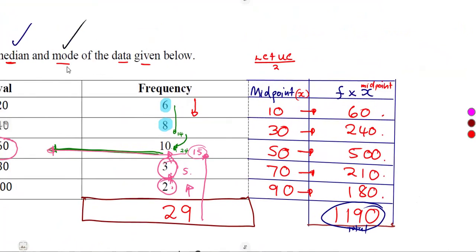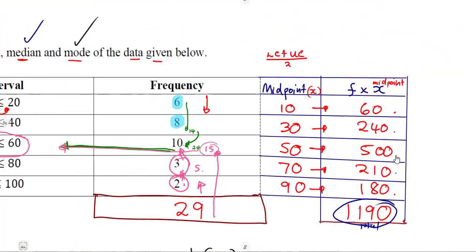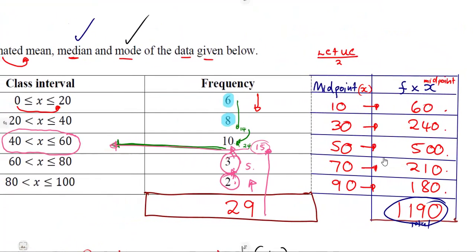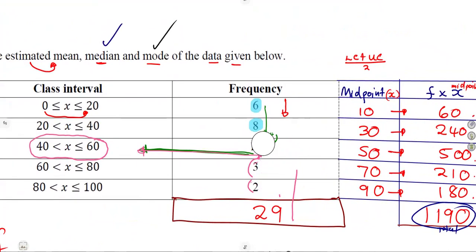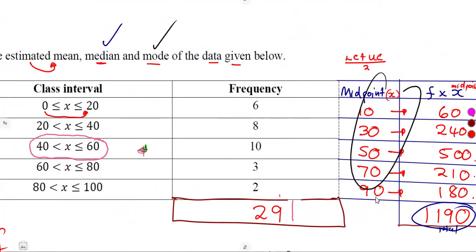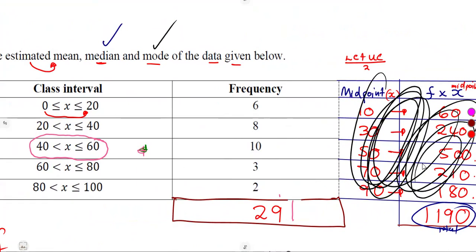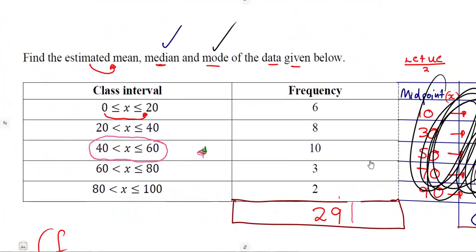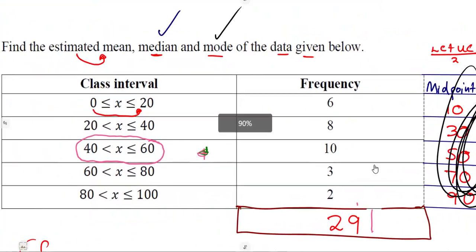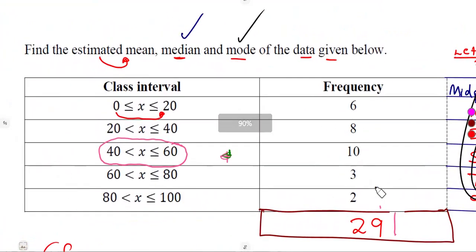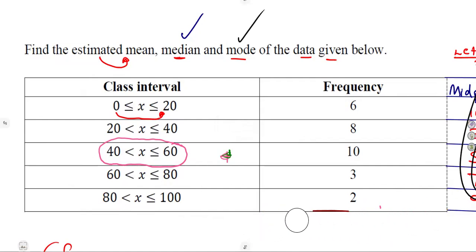In this case, it is the modal class, the class where we are having the highest frequency. On these frequencies, do not worry about what we had on the other hand. Focus on the frequency. Which one is the highest frequency? If we notice properly here, the highest frequency is 10.